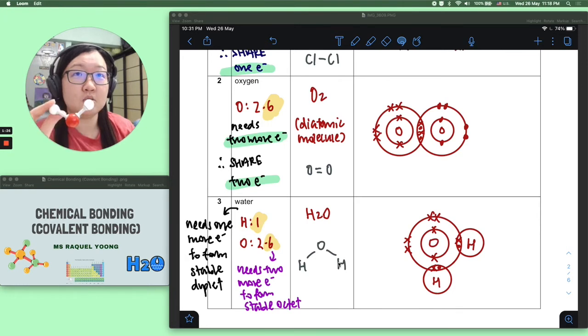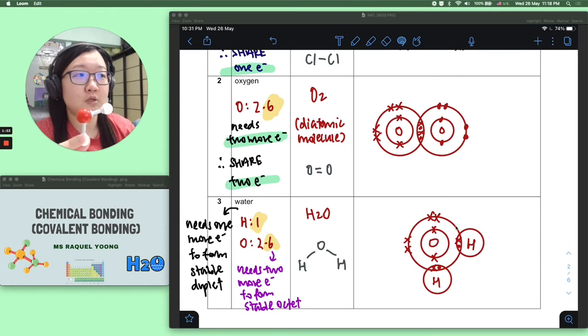If you look closely at the dot and cross diagram, and I hold the molecule like this, you can see that if you draw your dot and cross diagram correctly and properly, you will get the exact same shape of the molecule that I'm holding in my hand.